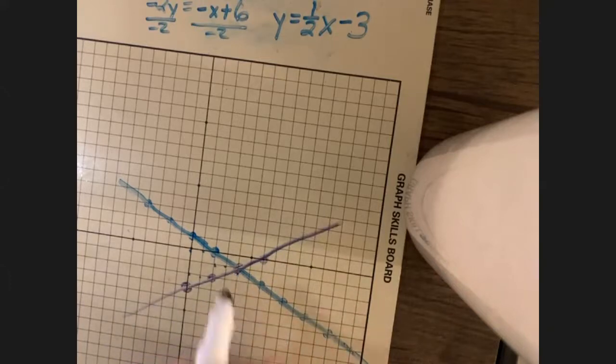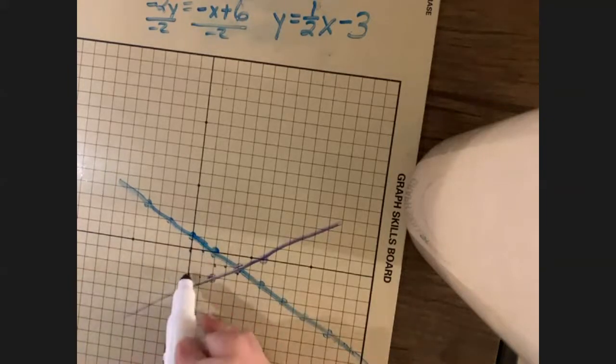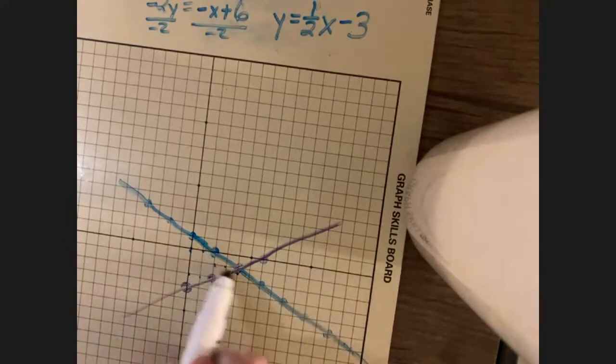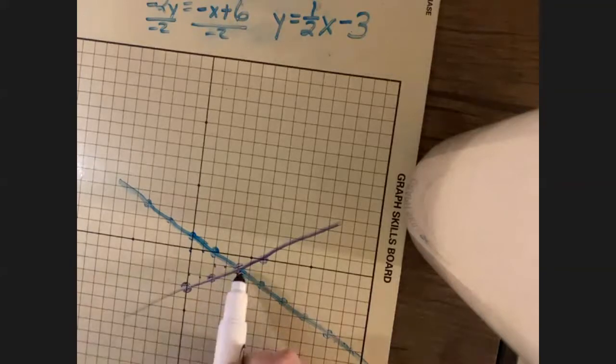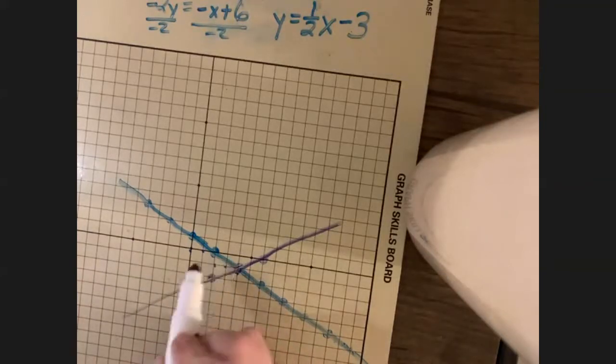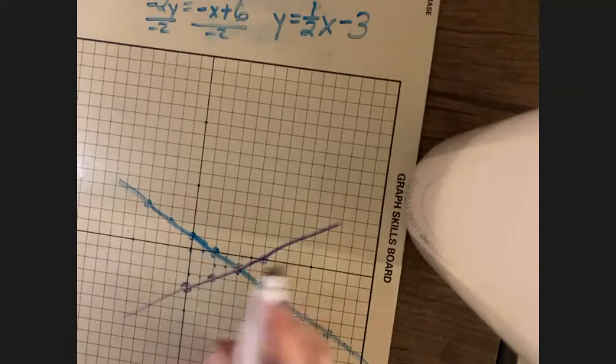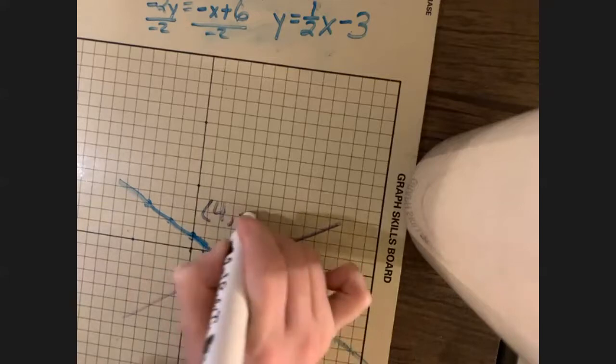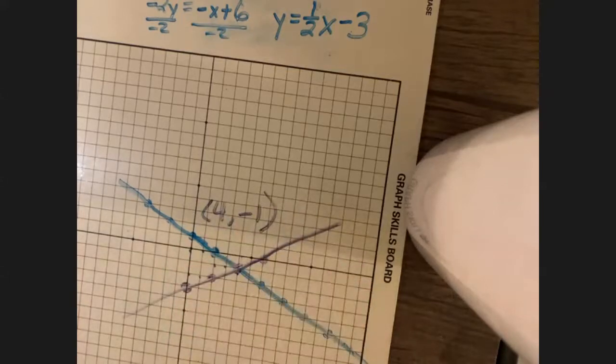Because I ran my pattern a couple of extra times, I'm guaranteed that this is in fact my answer. That is at 1, 2, 3, 4, and negative 1. So our solution for this one is 4, negative 1.